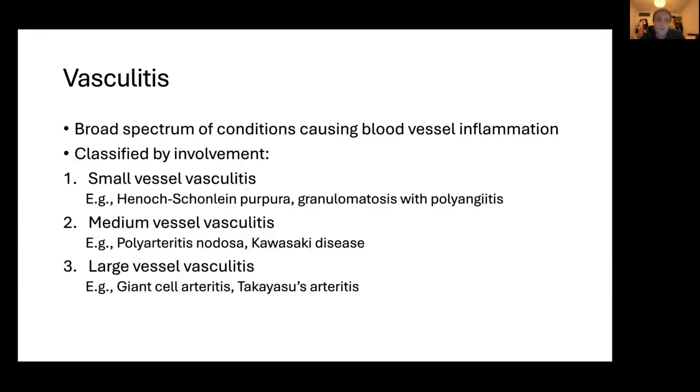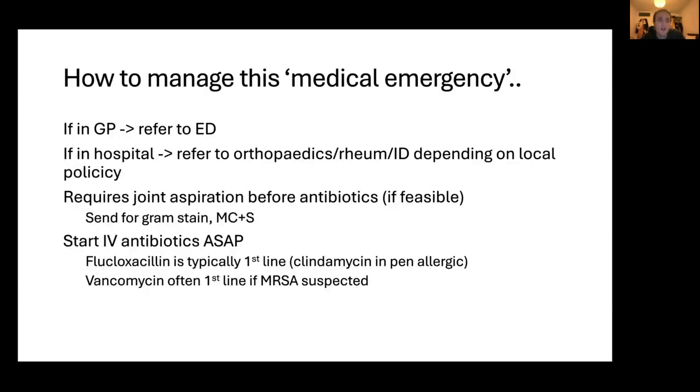So we'll move on to vasculitis. That essentially covers those three conditions: gout, pseudo-gout, and septic arthritis. Does anyone have any other questions they wanted to ask before we get stuck into vasculitis? Anybody? And thank you, Olga and Lauren, for answering. I didn't see you'd also said septic arthritis.